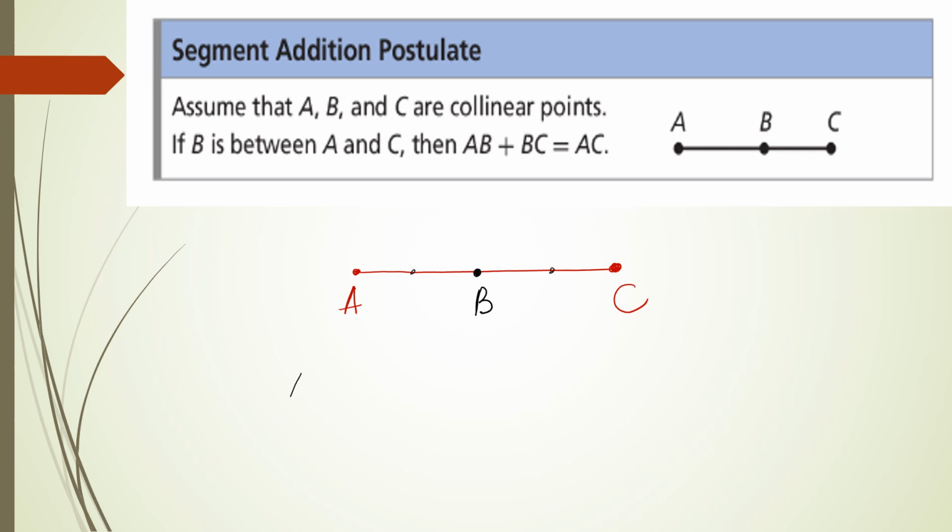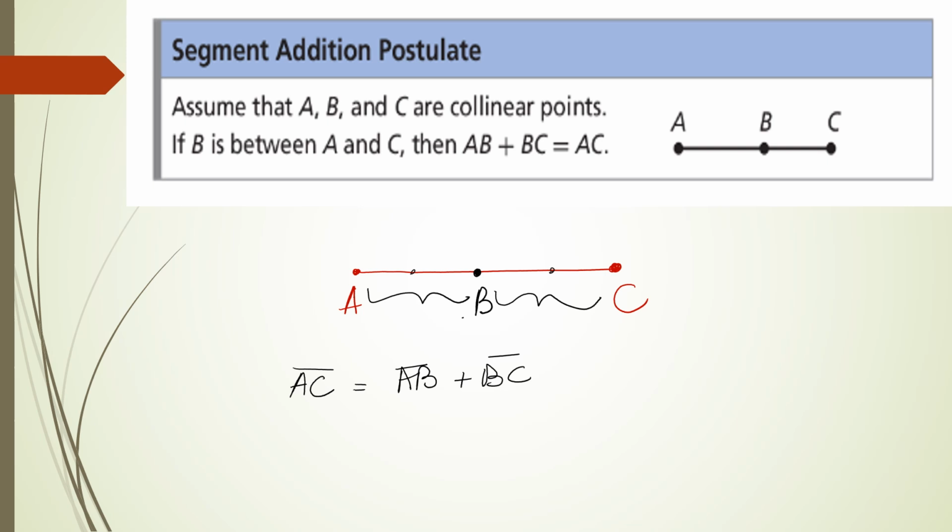Now if I ask what is the measurement of AC? Actually AB, the distance from A to B, and then the distance from B to C is the total measurement of AC. So you can write it as AB plus BC is equal to AC.